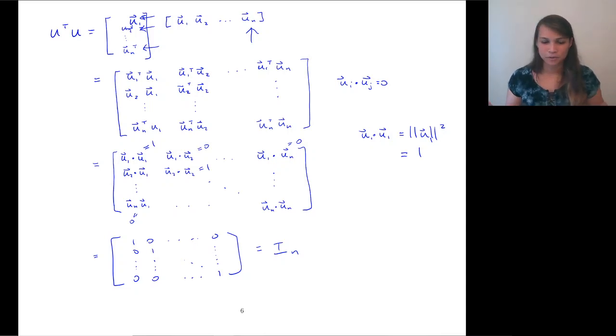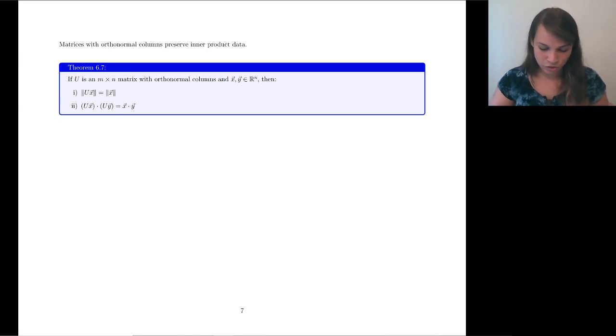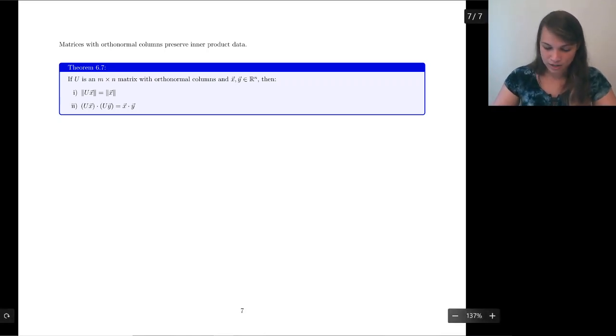So that's pretty cool. Matrices with orthonormal columns preserve inner product data, which is why we're interested in them. They preserve length, angles, and orthogonality, which is summarized in this theorem. Let's say we have an m by n matrix with orthonormal columns, and two vectors x and y in Rn.